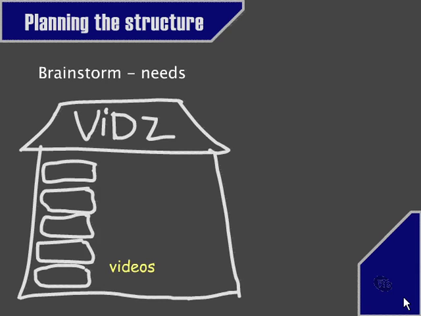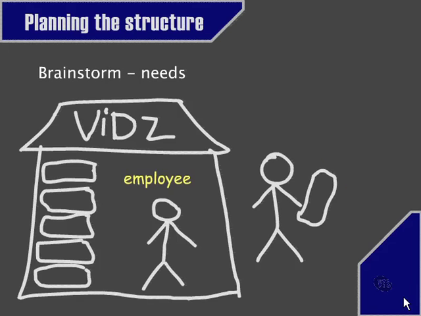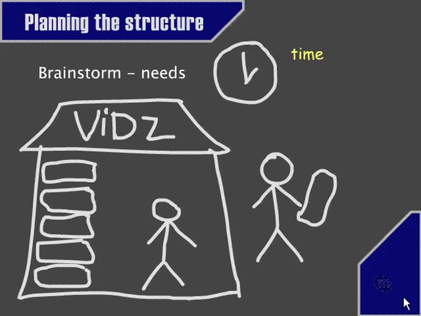There's a stock of videos within the video shop, and a customer, very important to the video shop as well. Customers, the video that the customer's hired is maybe a separate concept from the videos in stock within the video shop. There's also an employee to serve the customer, and the time I think is important as well, because video rental shops generally charge late fees for videos that aren't returned on time.